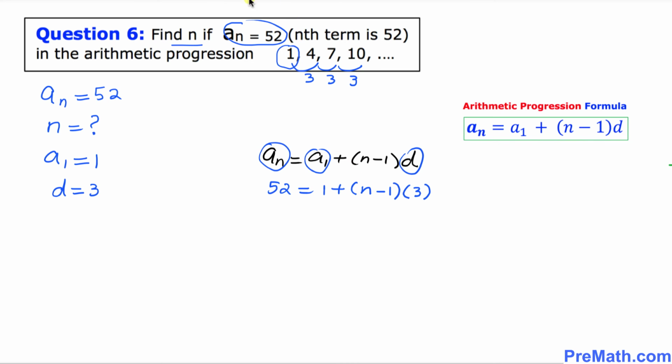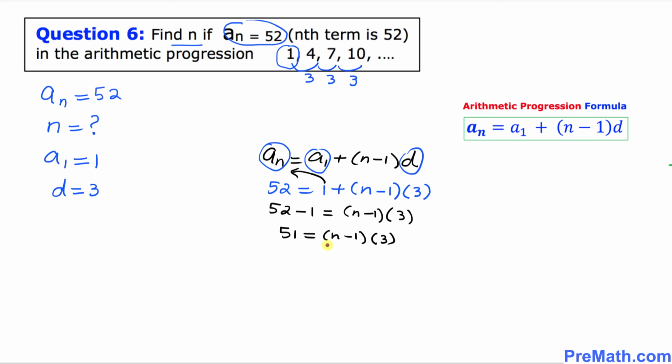The very first thing is, once again, I am going to move this 1 to the left hand side. So this becomes 52 minus 1 equals n minus 1 times 3. So our next step: this simply becomes 51 equals n minus 1 times 3.